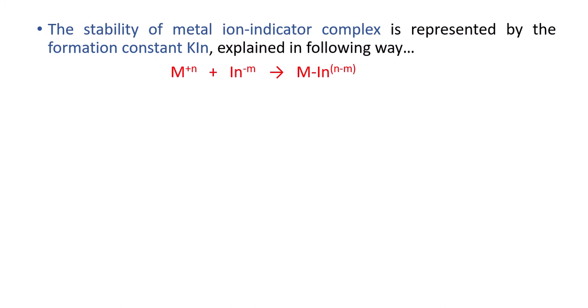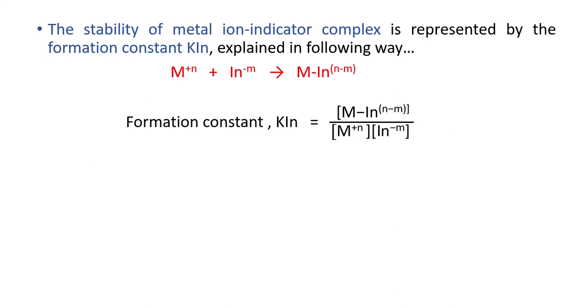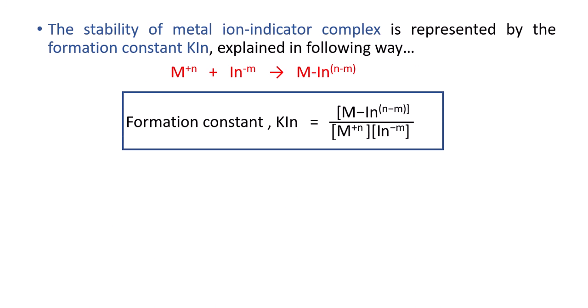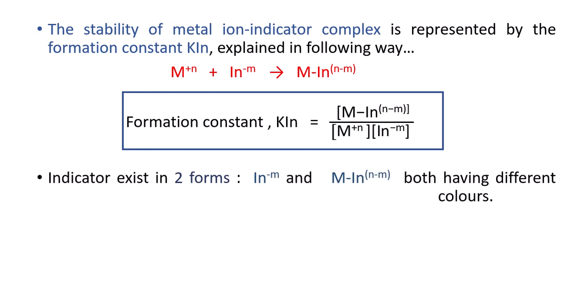We know this is the general reaction, metal reacting with the indicator giving the metal indicator complex. Now the formation constant, or the stability of the metal ion indicator complex, is represented by Kin, which is equal to the ratio of the concentration of the product to the reactant concentration. Here the indicator exists in two forms: the free indicator form, with whatever charge, and the metal indicator complex.